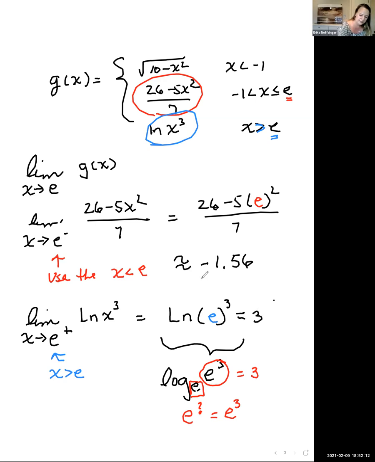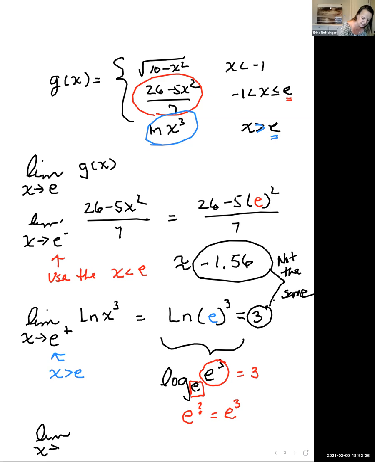So coming in on the left, I get about negative 1.56. Coming in on the right, I'm approaching 3. These are not the same values. And so the limit as x approaches e of g of x does not exist.